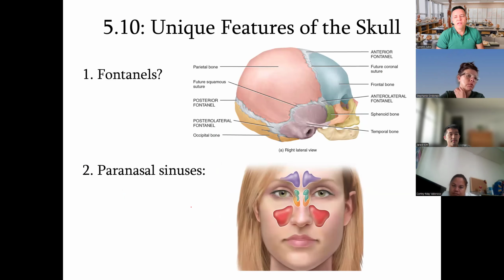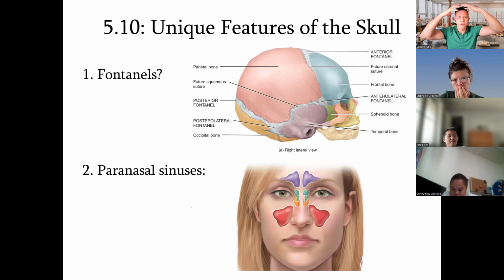Now, some unique features of the skull. The skull, folks, the plate of bones in the skull, in the cranium, they actually have little sutures. They have little separation once we are an adult. When we are still an infant, all the way up to around 18 months of age, sometimes up to 2 years of age, the cranium plates are separated from one another.